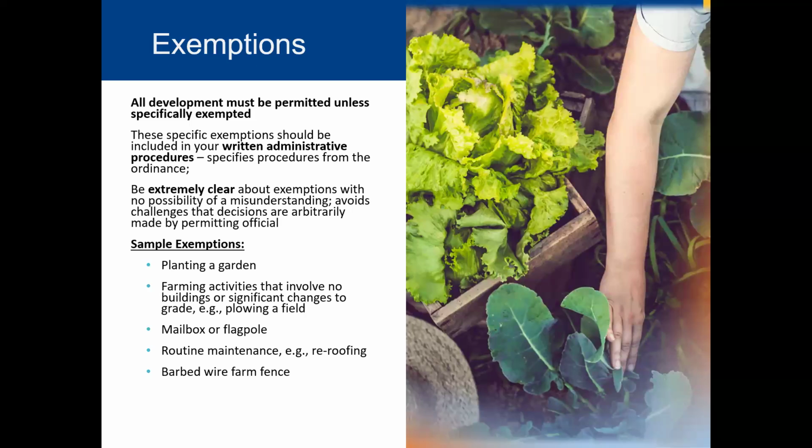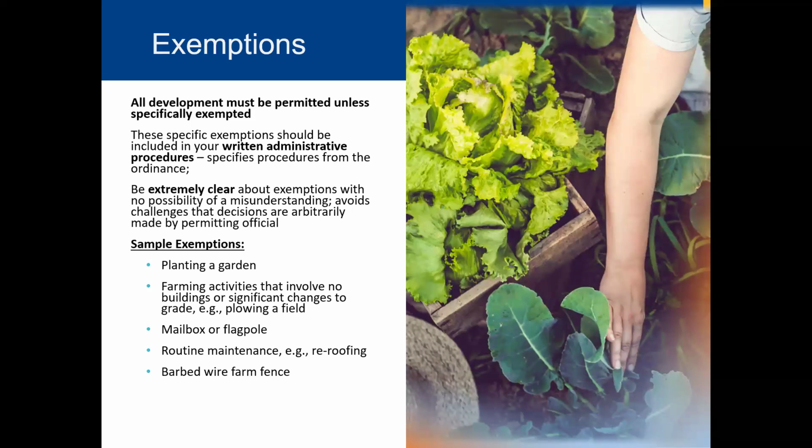So I mentioned exemptions. Again, the ordinance says all development must be permitted. You can exempt very small projects from needing a permit because it would be tedious and unnecessary to permit every little thing, such as planting a garden, putting in a mailbox or a flagpole, routine maintenance to the roof. So that's the type of thing that we're looking at that won't cause an obstruction.